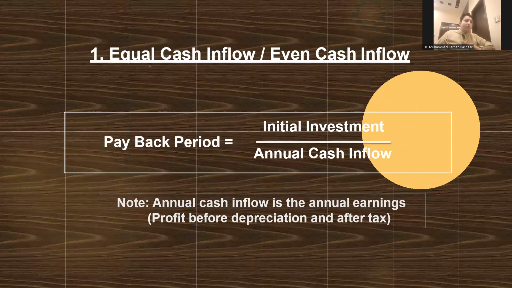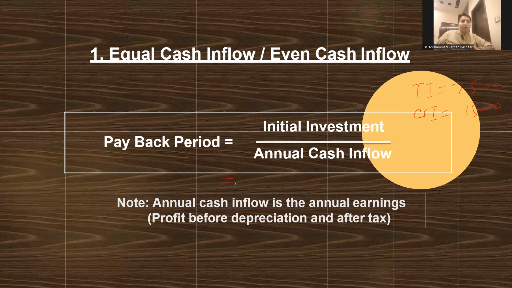When the cash flows are equal or even, the payback period formula will be the initial investment divided by annual cash flow. As in the previous example of 75,000, our initial investment was 75,000, and cash flow during each year is 15,000.